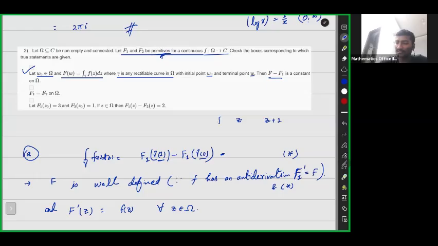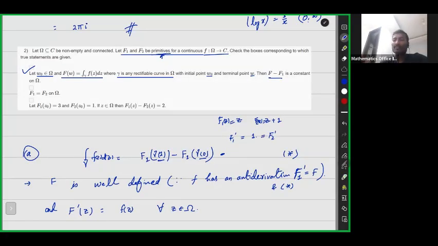These both are antiderivatives of what? 1. Because F1 prime is 1 and F2 prime is also 1, right?